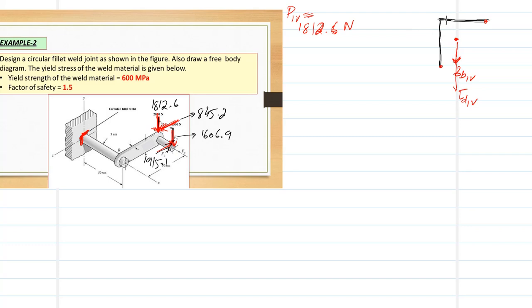This is 40, this is 30, and we know the distances from the previous x and y. So the torsional shear, because it is clockwise, is called tau T1V. Clear? This is the arm. These are three stresses due to P1V. Similar is the case for P1H.